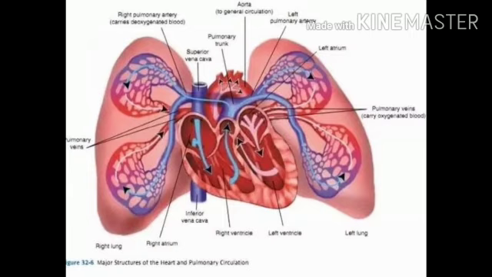In the lungs, that is particularly in the alveolus, diffusion of gases takes place. The deoxygenated blood becomes oxygenated blood, and this oxygenated blood is carried to the heart, and from the heart through the arteries the oxygenated blood is transported to different parts of the body, and this process continues.